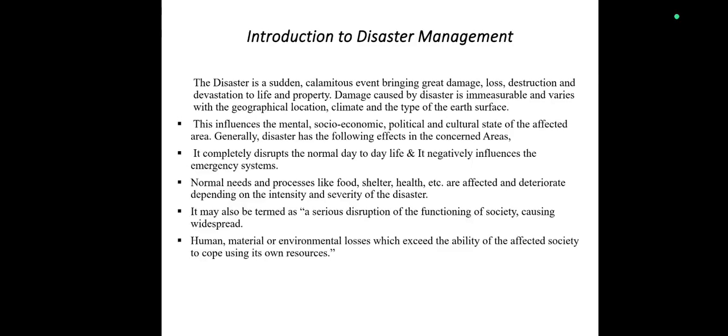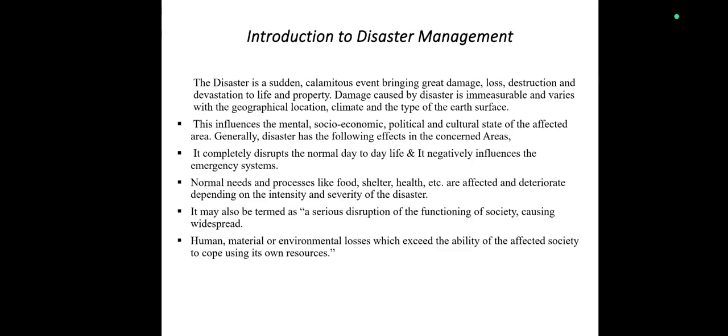According to the United Nations Office for Disaster Risk Reduction, also known as UNDRR, a disaster is a serious disruption to the functioning of a community which causes human, material, economic, and environmental losses beyond the community's ability to cope in the situation.